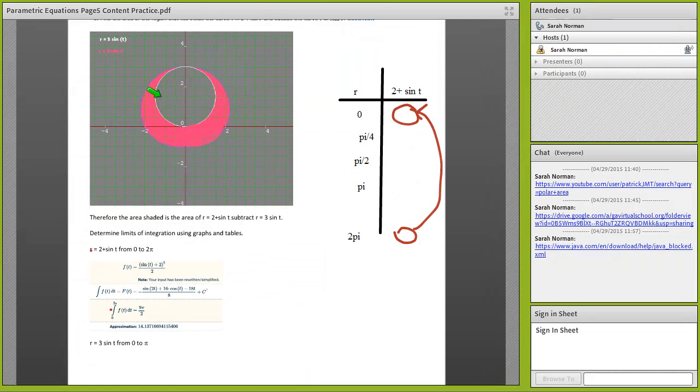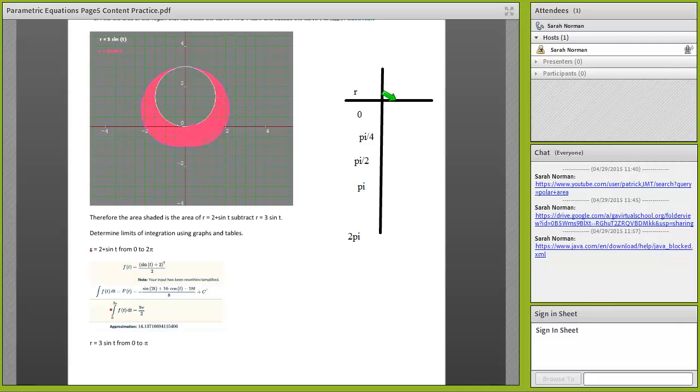So what we want to do now is subtract the area of the smaller polar curve, which is in fact a perfect circle. But we need to know the limits of integration for that. So once again, I will start over, and this is how you would figure out how to calculate the limits of integration.